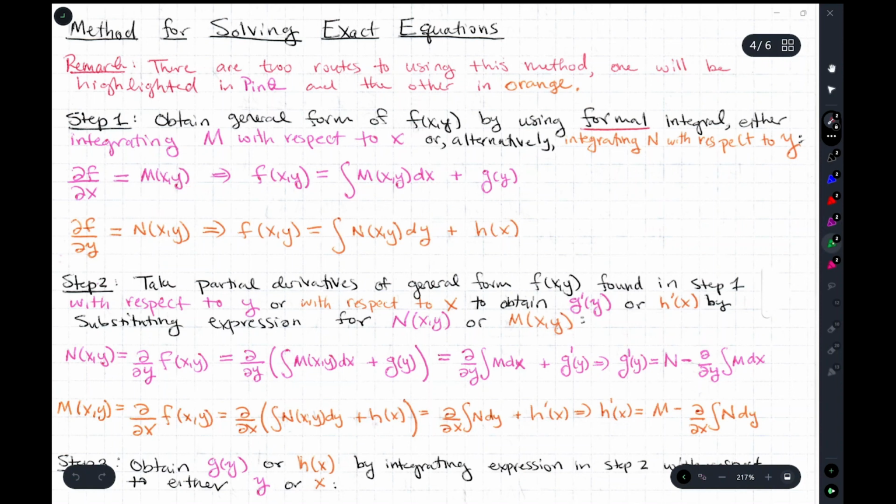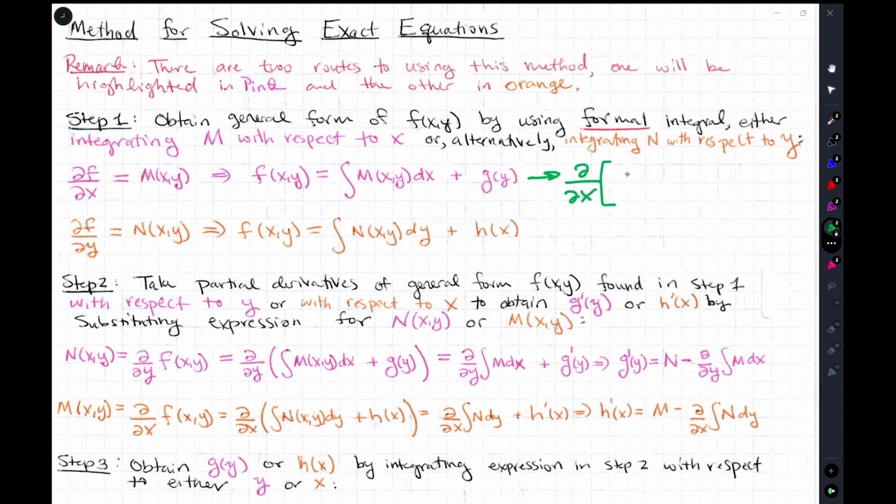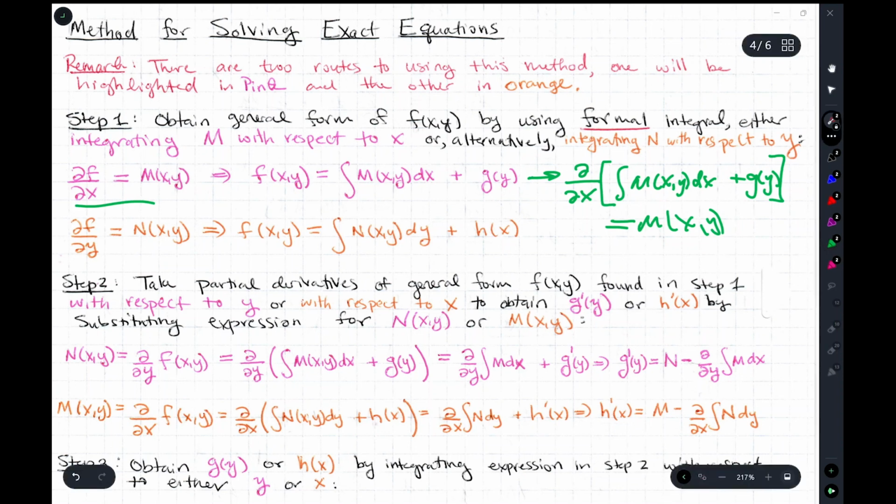So you should view this as: the partial derivative with respect to x of the integral of m dx plus g of y, where we wrote out the constant explicitly, would give me back m. That's what it means. It's the expression such that when I take its derivative with respect to x, I get back m. So we're defining it in this inverse way.